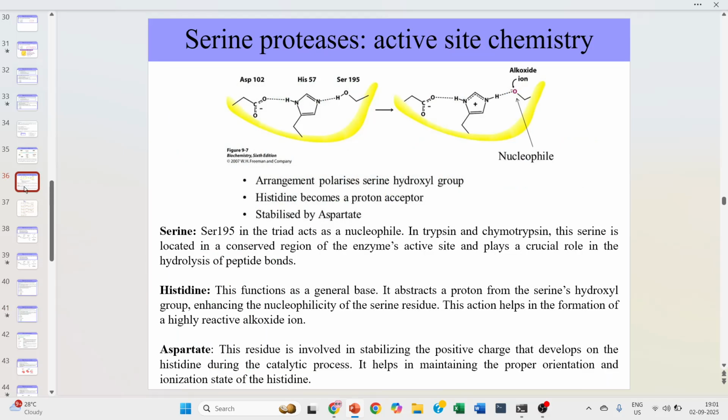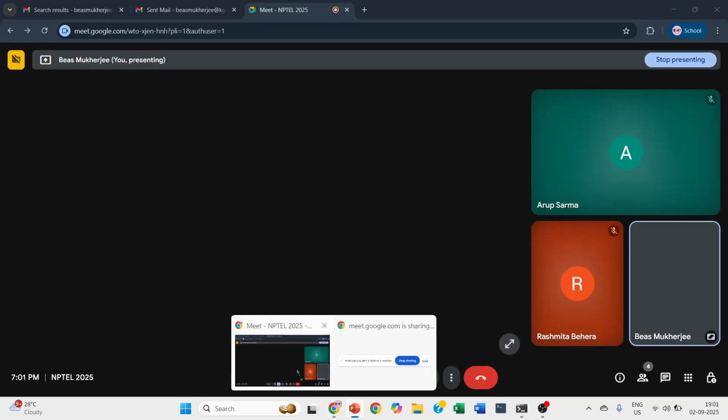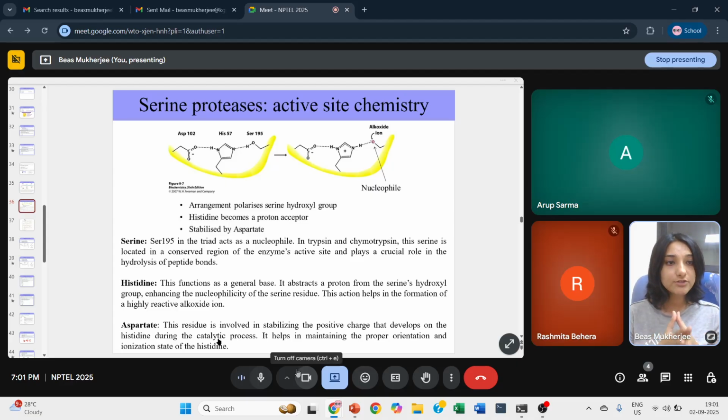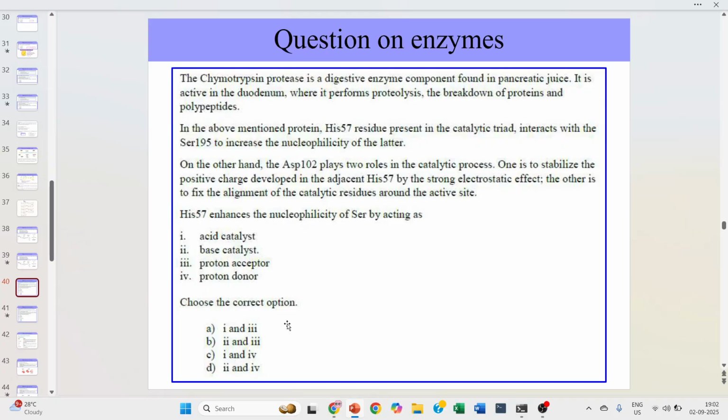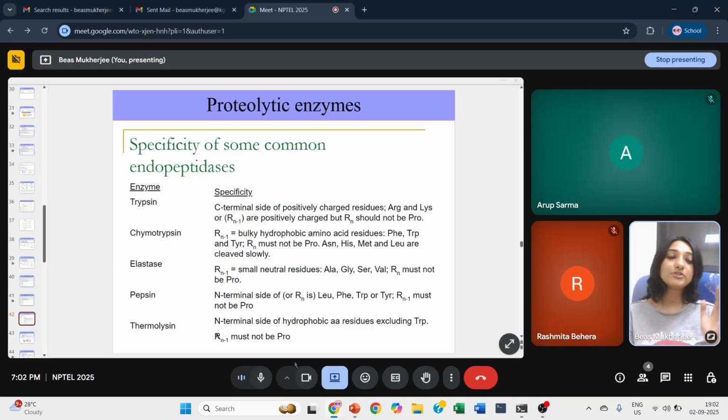If we go back to what we studied, the histidine residue is performing as a general base, taking a proton away from the serine's hydroxyl group. An acid's property is to release hydrogen, only then it is an acid, but a base is supposed to accept hydrogen. So if it is acting as a base, it would definitely be a proton acceptor. So the right answer in this case is B, that is number 2 and number 3.